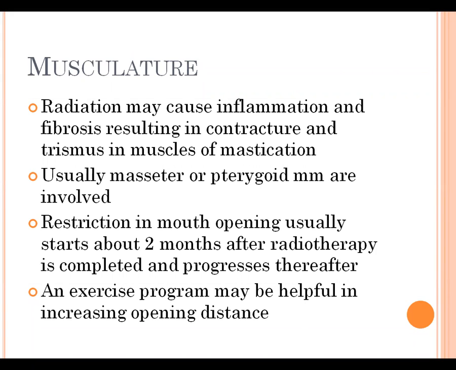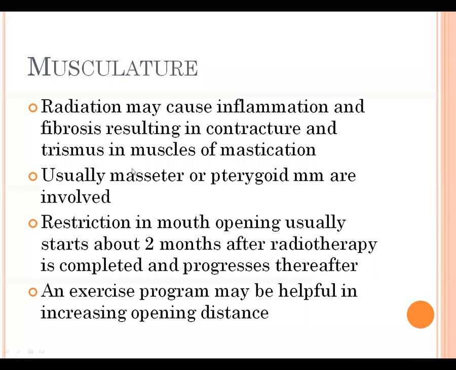Then how is the musculature affected? Radiation causes inflammation and fibrosis, resulting in contraction and stress in the muscles of mastication. Fibrosis leads to contraction and trismus, and usually the masseter and pterygoid muscles are involved.